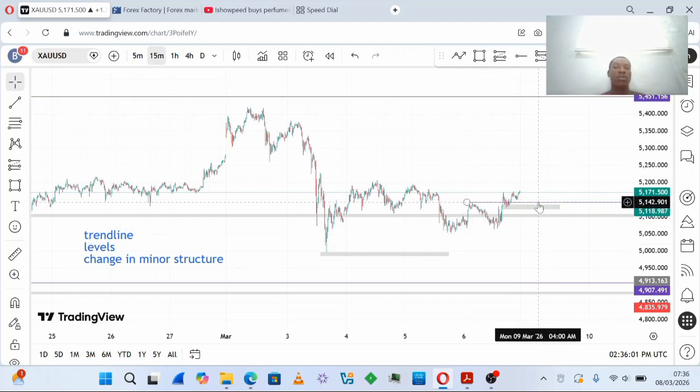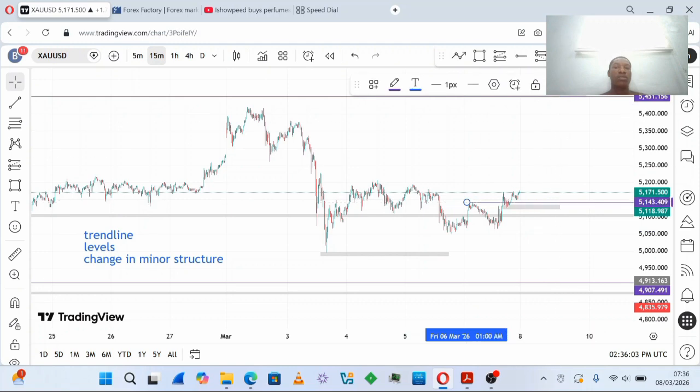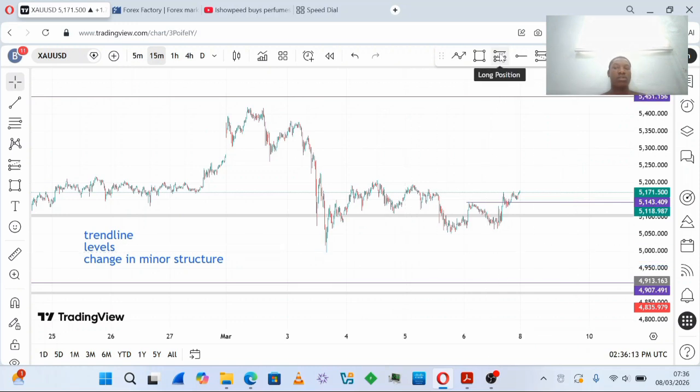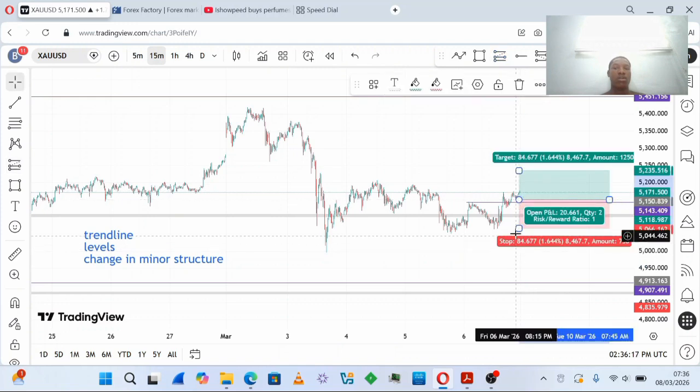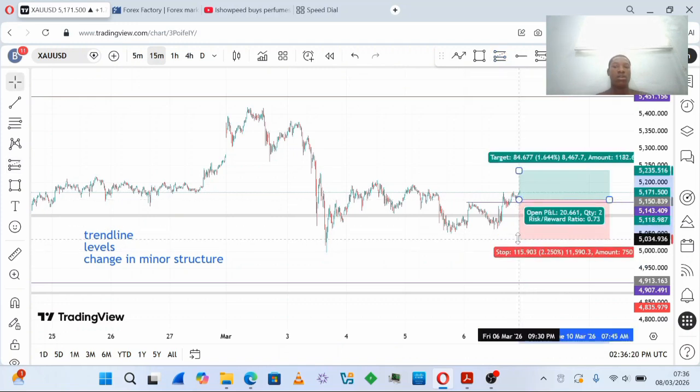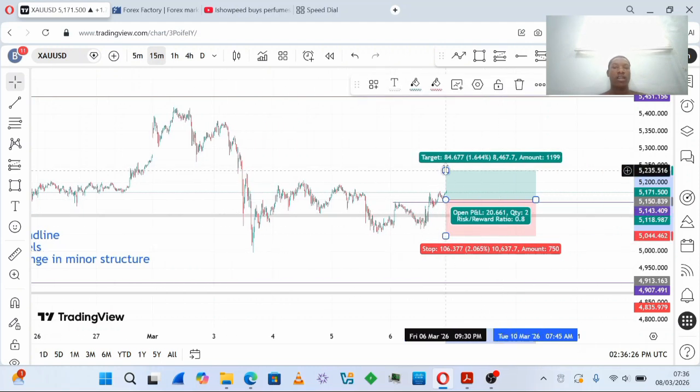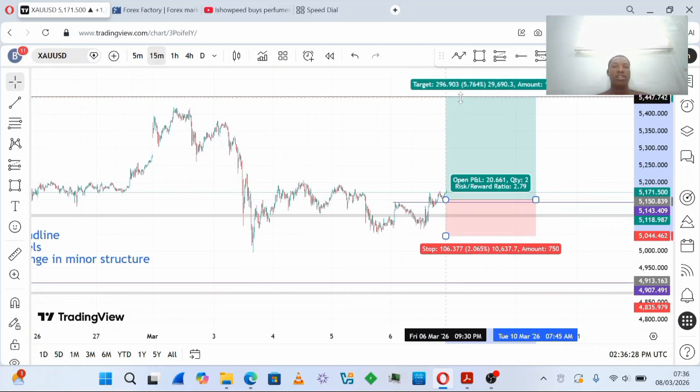So what I'll be expecting price to do from next week is, I'm already on a buy trade now, but this is what I'm expecting price to do. My stop loss will be the previous low he made before making the higher high, and I'll be targeting this level.